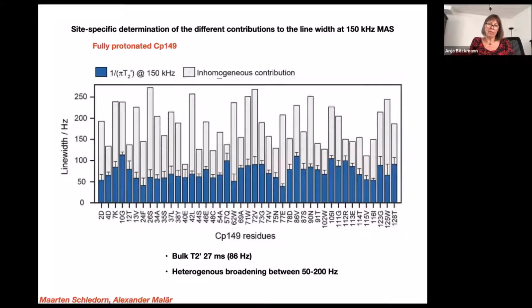It's a bulk average of 86 Hertz line width. But the heterogeneous contribution, which in the capsid can be a bit bigger than in other proteins because you have these 4 different molecules, and even if in the spike tip you don't see much difference anymore, this can still contribute to the line width because the chemical shift difference is not resolved.